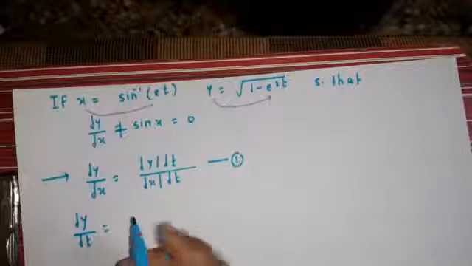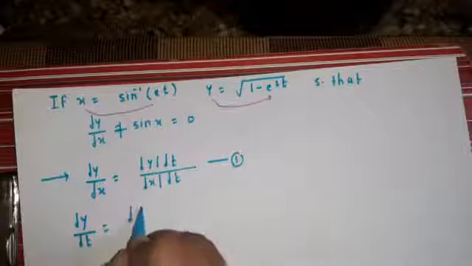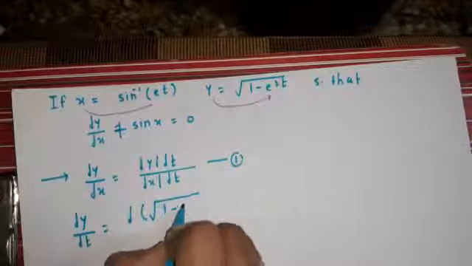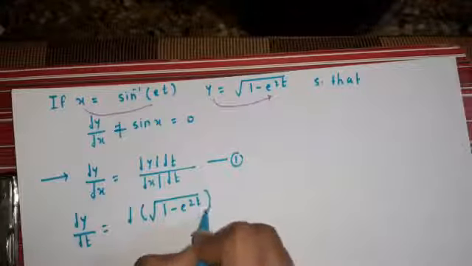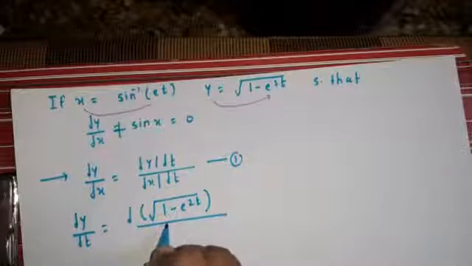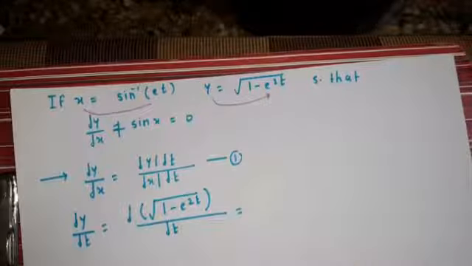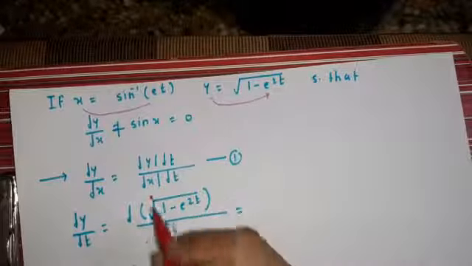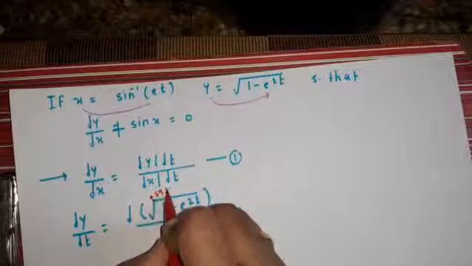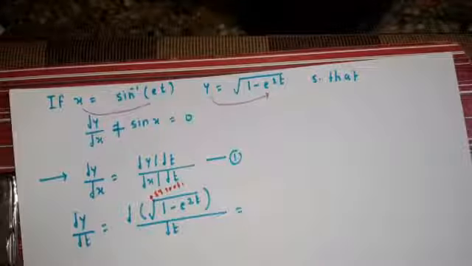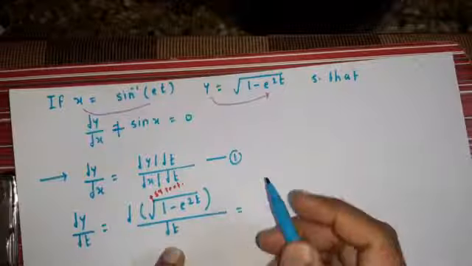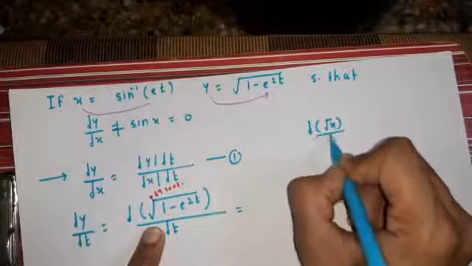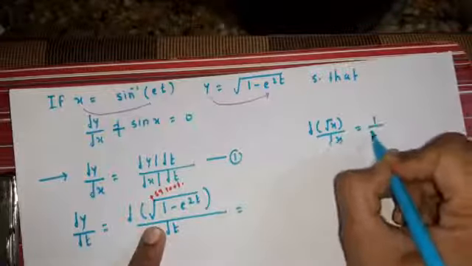dy by dt means differentiation of y with respect to t. What is the y function? The y function is square root of 1 minus e raised to 2t. Here the outermost function is the root function, so differentiate according to the square root formula. Differentiation of square root of x with respect to x is 1 upon 2 root x.